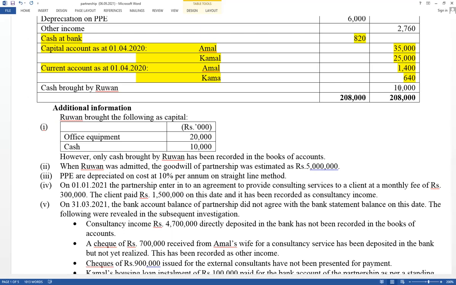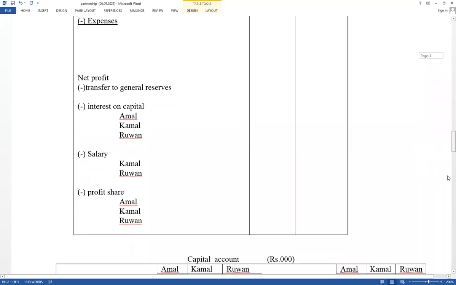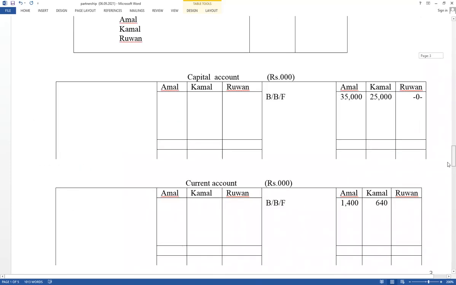Credit side as cash. Recorded in partners' capital accounts 10,000 credit side. Cash brought by new partner, capital account credit side 10,000 as cash. But the cash account cannot be debited again. Reason, it is available in the trial balance, there was a double entry.